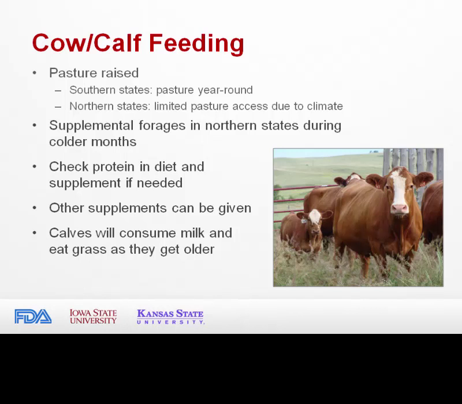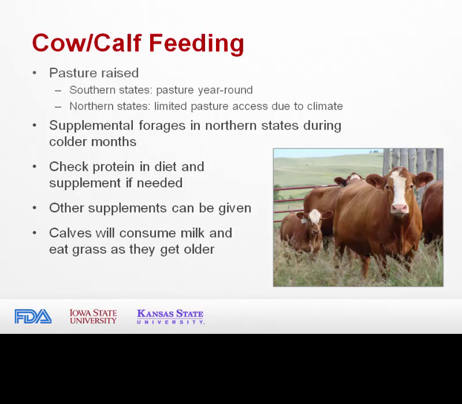Other common grazing materials in these states will be corn and soybean stover after the harvest has been completed in the fall. No matter where a herd resides, it is important to make sure cows are getting enough protein in their diet. Supplements should be added if necessary. Protein is important in the diet during all life stages, but especially for late gestation and early lactation phases in pregnant and newly fresh cows.